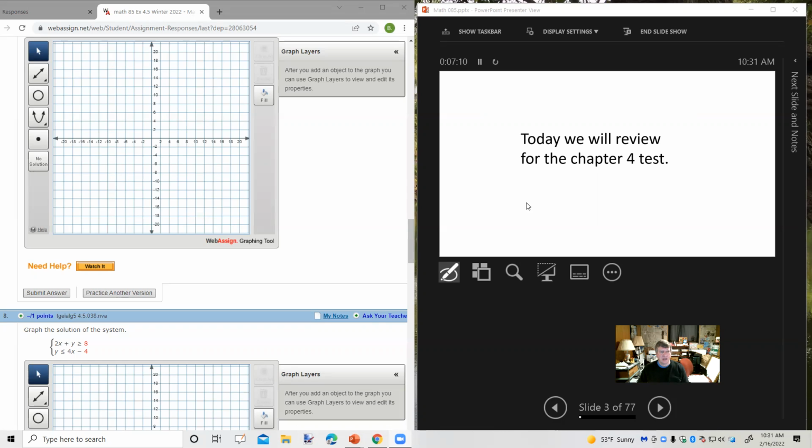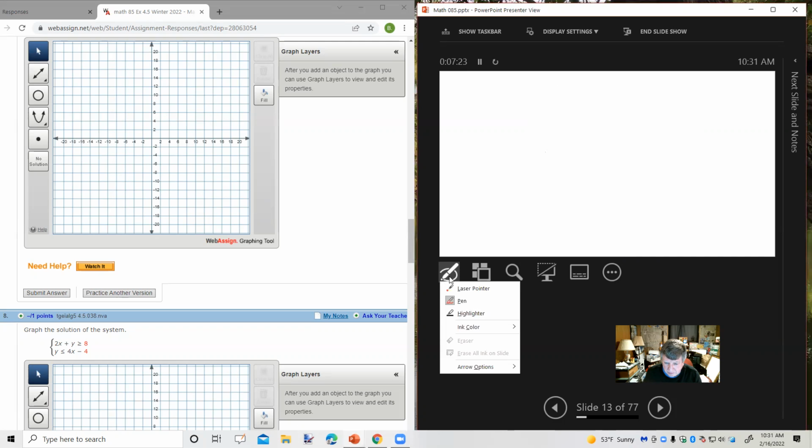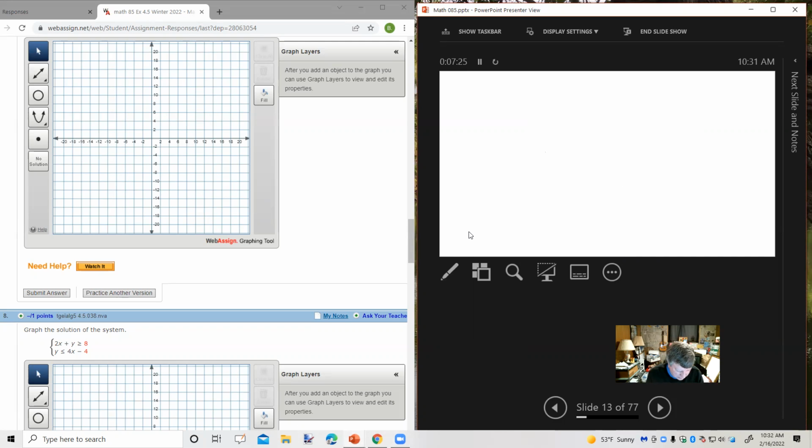Okay, so today I have a request for 3 problems from section 4.5. So we will take a look at those. First one, this is from section 4.5. This is number 7.